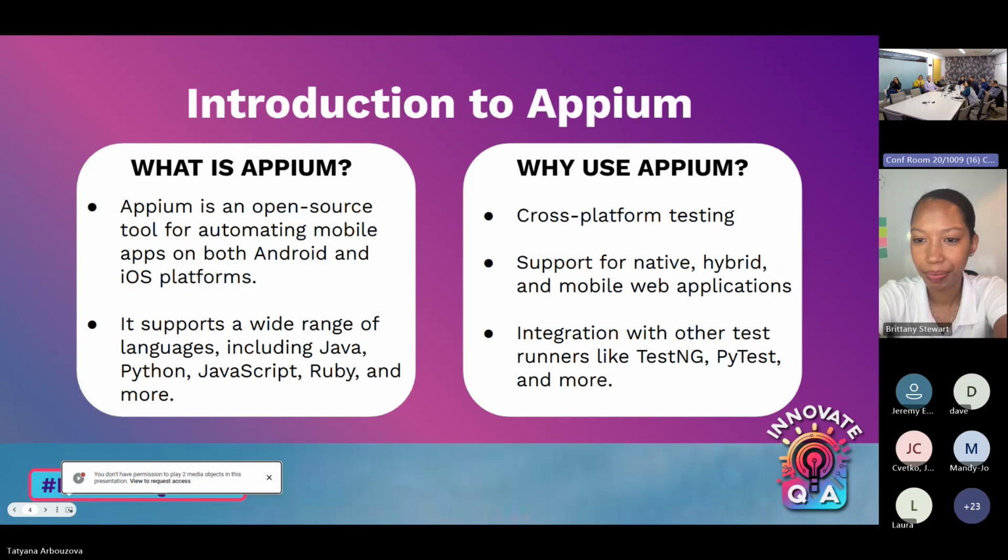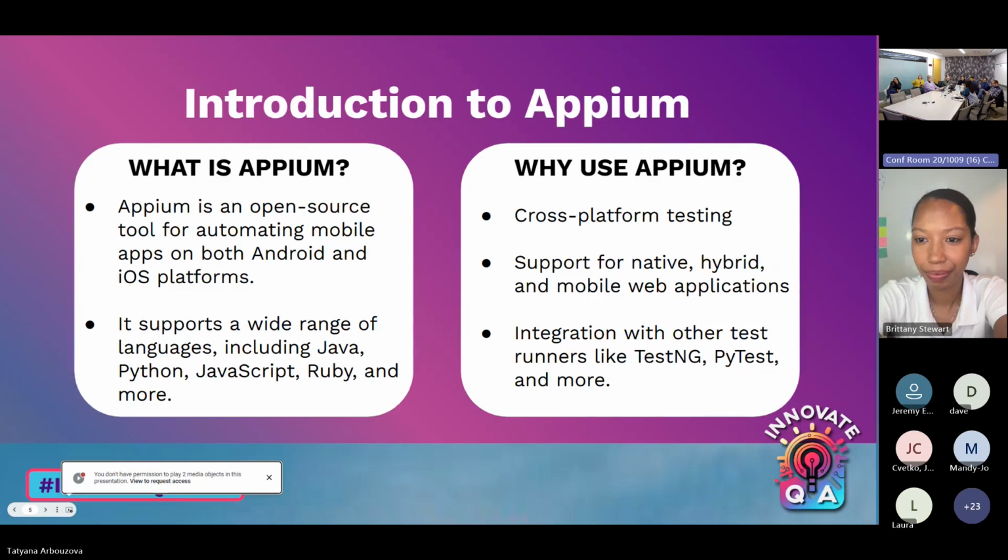You can ask me later also if you have any more questions about that. Appium, just like Selenium and many other tools, is convenient because it's compatible with test runners like TestNG, PyTest, JUnit, any tool you use with your language binding, any test runner.